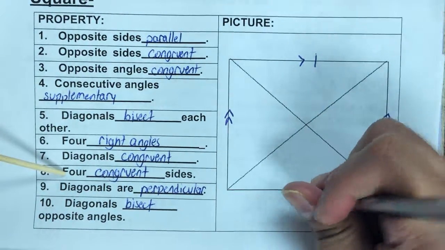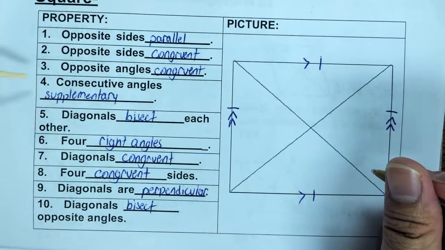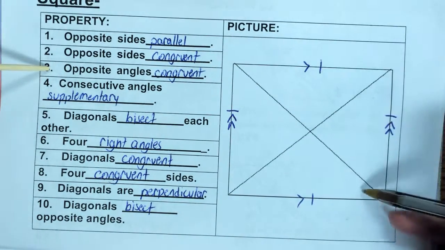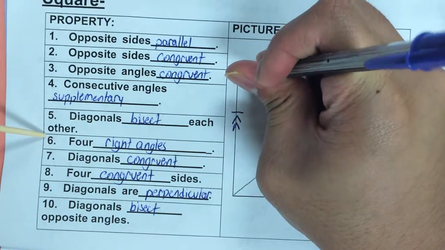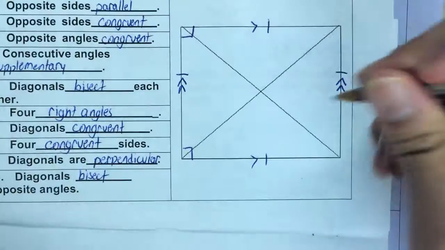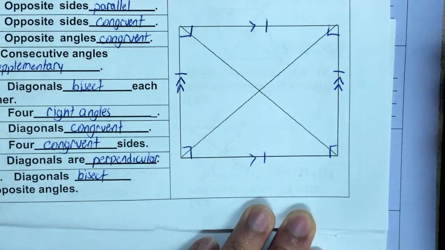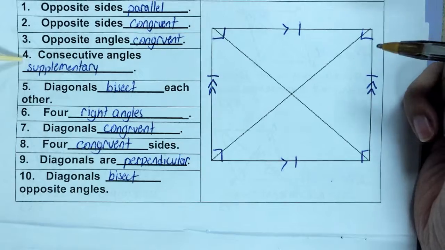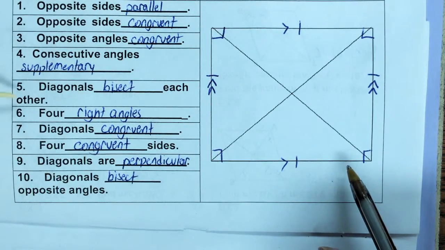So 1, 2, 3, 4. Opposite angles are congruent. This angle with this angle. But more specifically, all 4 angles are right angles. Consecutive angles are supplementary. This angle plus this angle equals 180.